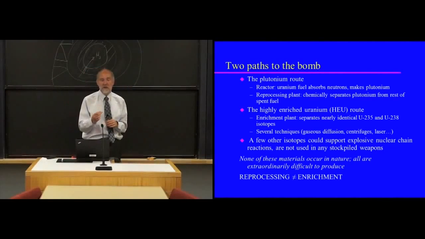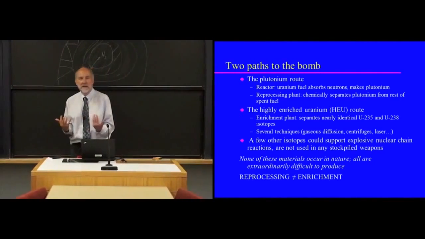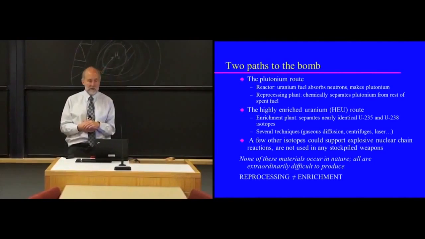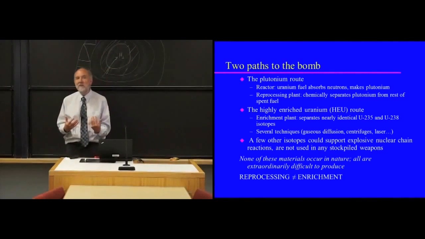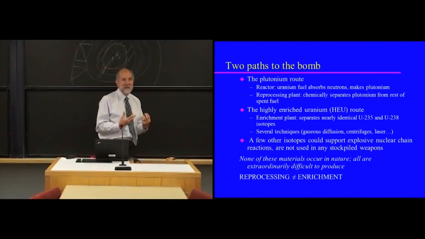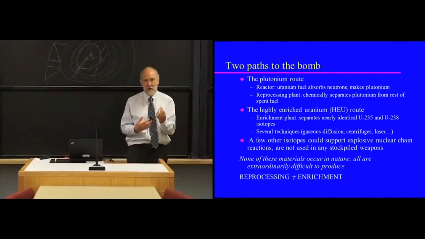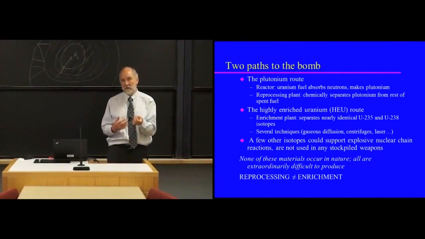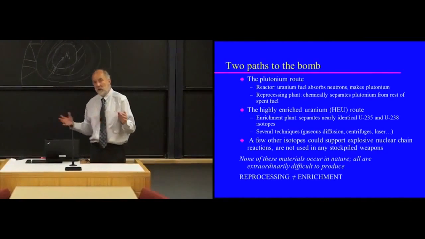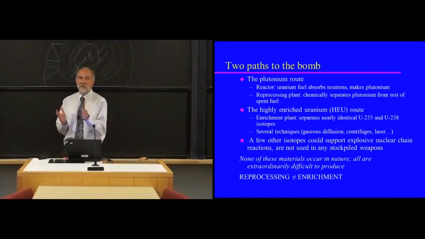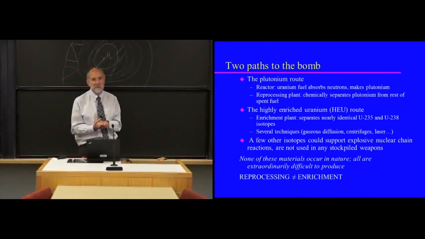So you need the uranium-235 to get that chain reaction going. So the uranium that you dig up out of the ground includes less than 1% of the uranium-235. It includes 0.7% uranium-235. All the rest, almost all the rest, is uranium-238.